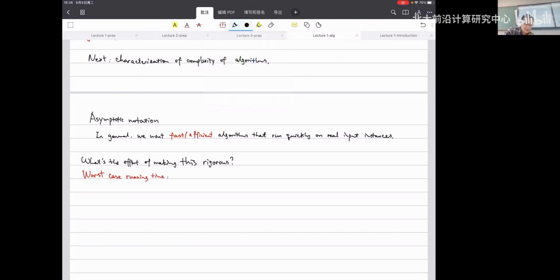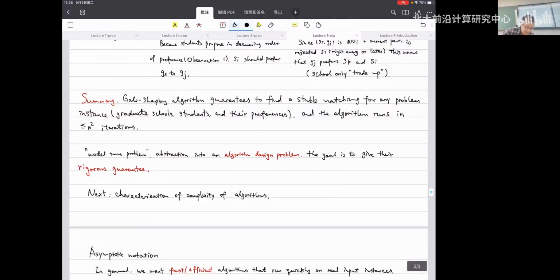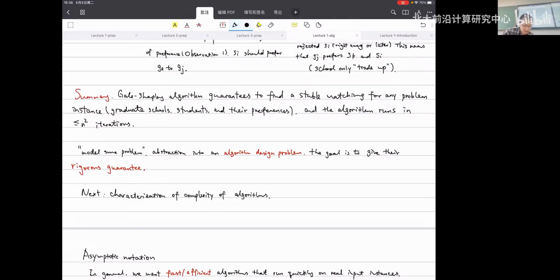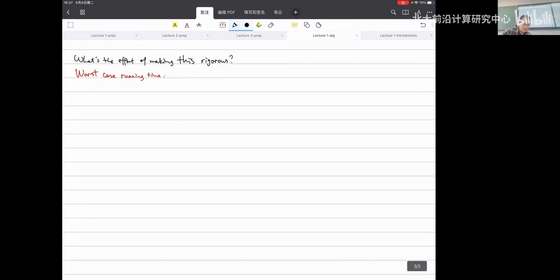Because as we talked about, maybe for instance, you look at this summary discussion. We talk about any instances, like graduate schools, students and their preferences. But what is very important is that for the Gale-Shapley algorithm, after we discuss this proof, it always works. So in general, we want to be more rigorous about every instance.